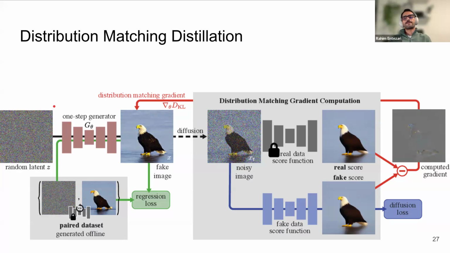The main objective of distillation is, if you may recall from standard machine learning, there is a teacher-student regime for distillation, right? We have a model, which we call the one-step generator, which is few-step generation. This is the student. And there is also a real score, which is the full-step diffusion.